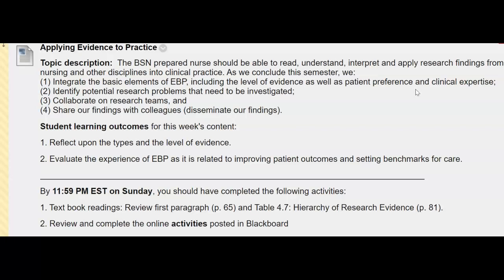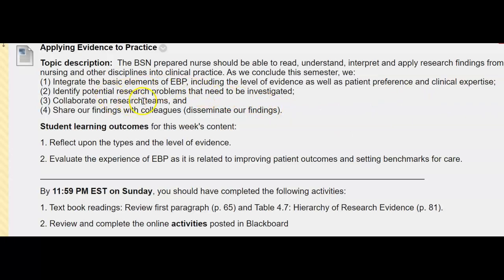So please make sure that you realize evidence-based practice does not leave the patient out, and it does not leave the clinician out. It is the highest level of evidence along with our patient's preferences and our clinical expertise. So it seems like we've missed that along the road, and I wanted to make sure that this was highlighted.